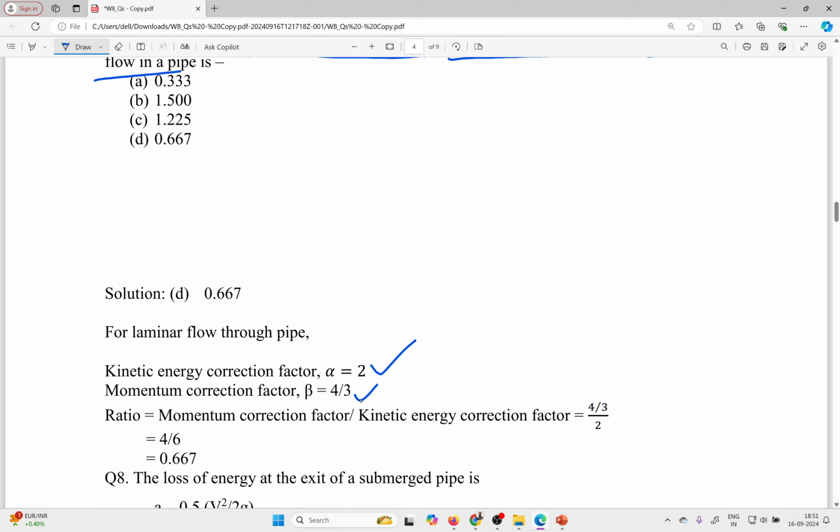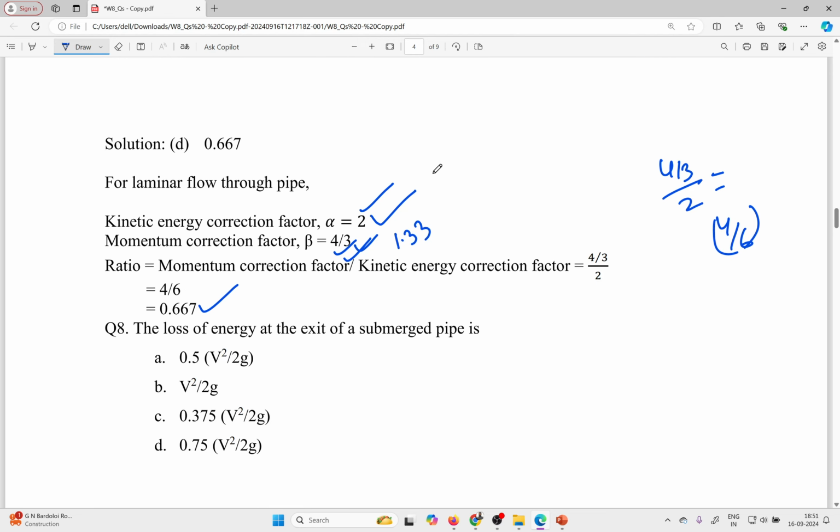When you divide these two, 4 by 3 divided by 2, you will get 4 by 6, that is 0.667. So option D will be correct. Remember, please, the kinetic energy correction factor for laminar flow is 2 and the momentum correction factor is 4 by 3. Similarly, you can remember for turbulent flow.